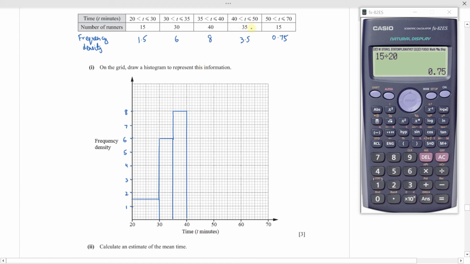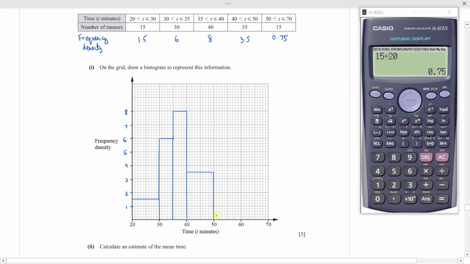40 to 45, sorry, 40 to 50, the value is 3.5. So 40 to 50, 3.5 will be here in the middle. And then your last is 50 to 70 and 0.75.